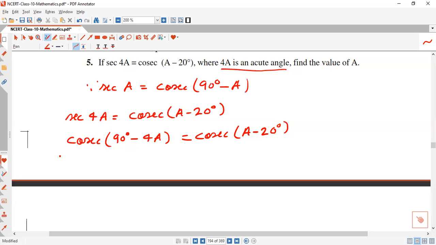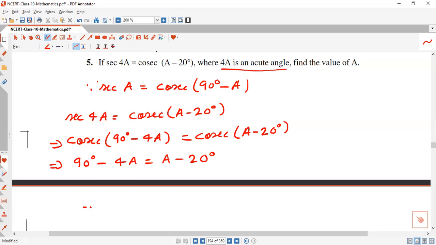Since the cosec functions are equal, their angles are also equal. So 90 degrees minus 4A will be equal to A minus 20 degrees.